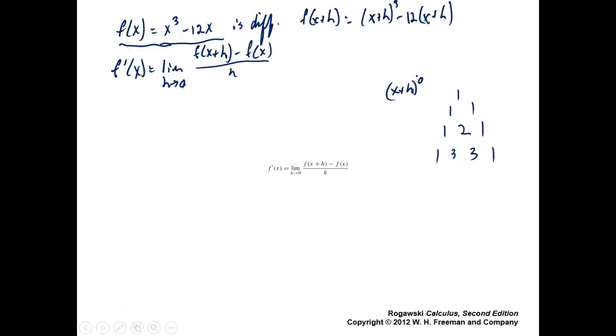Because what is anything to the 0th power? 1. How about x plus h to the 1st power? What's that? It's x plus h. It's the same thing. And look at the coefficients here. That coefficient is 1. This is x plus h. The coefficients are 1 and 1. And does anyone know what x plus h squared is?